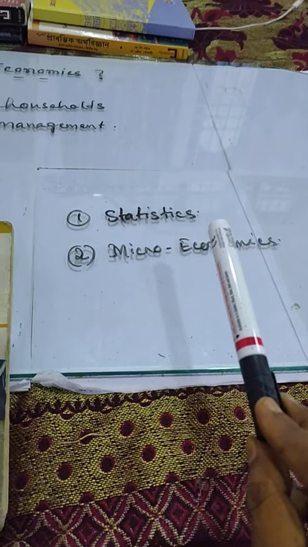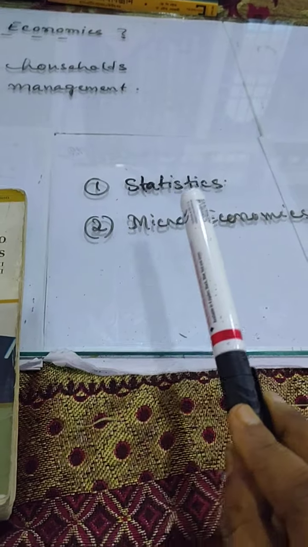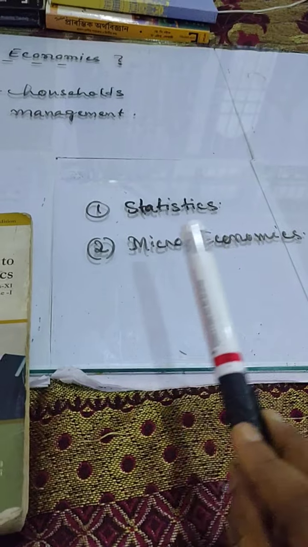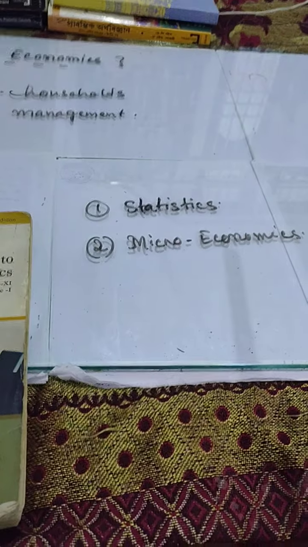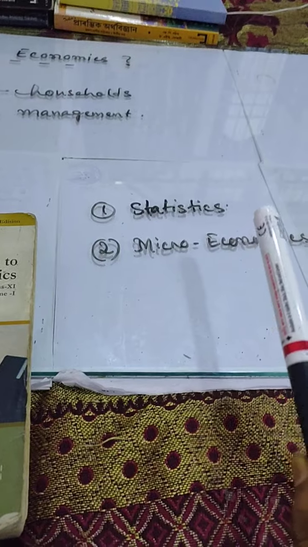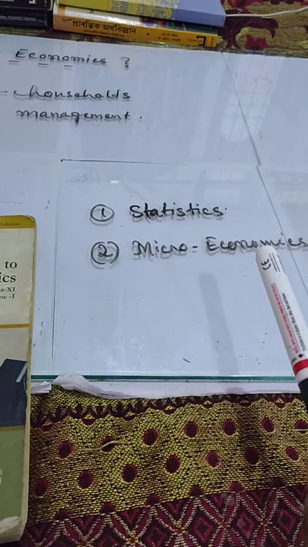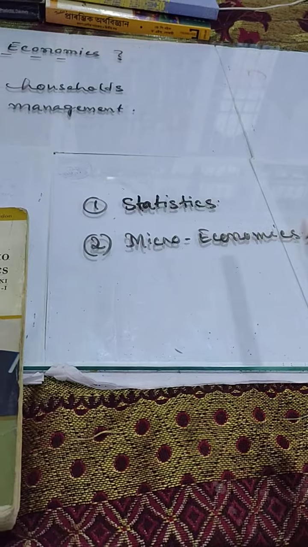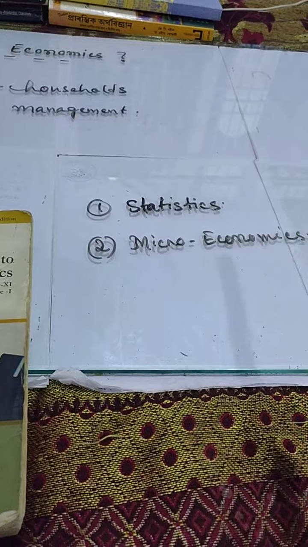In the statistical part, you will get different calculations and different presentations of tables, diagrams, etc. That means calculations like mean, median, mode, correlation, index number, and different diagrams like bar diagram, subdivided bar diagram, then pie diagrams. These are diagrammatical representations, and you have to learn them in the statistical part.